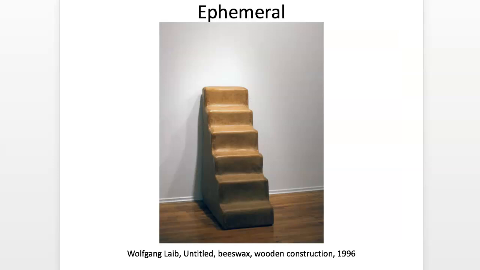But let's continue on. Also, even very ephemeral materials have been used. So that means things that could be easily damaged or not last. He uses beeswax, Wolfgang Laib, and feathers and pollen and sugar, bird seeds, foliage, ice and snow, candy.